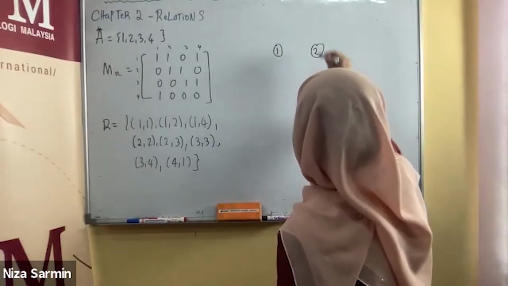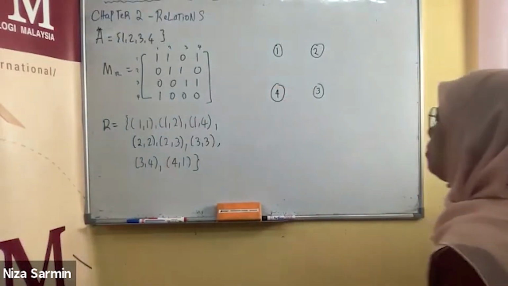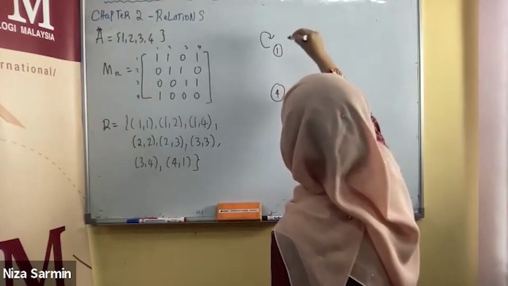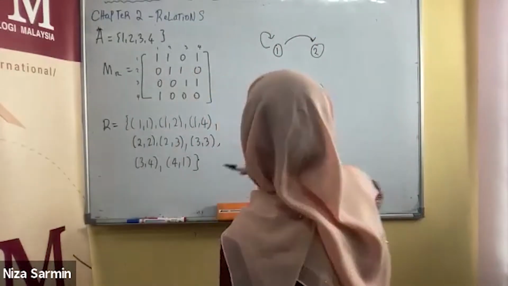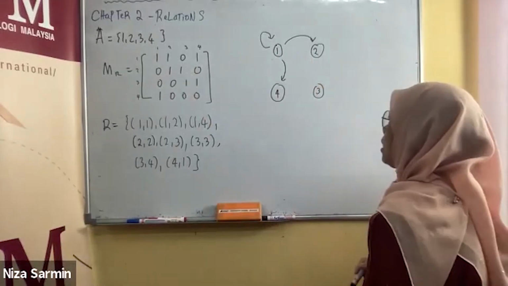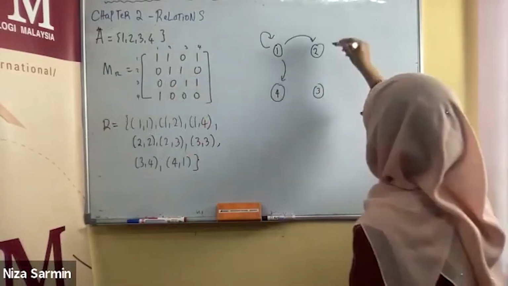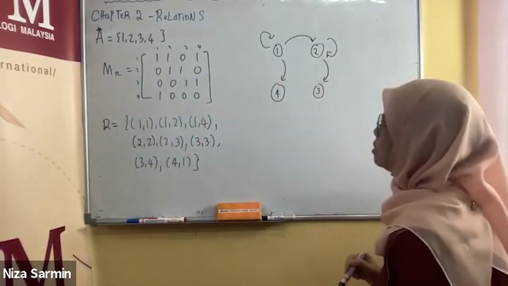All right, now we have to draw this digraph. 1, 2, 3, 4. Okay, so 1 to 1, 1 to 2, 1 to 4. Starting from 2, 2 to 2, 2 to 3.